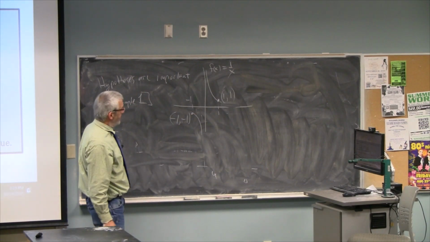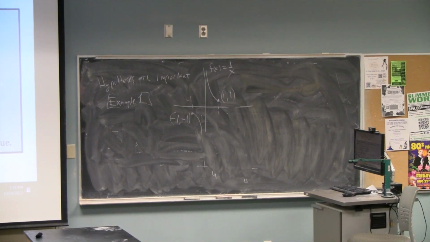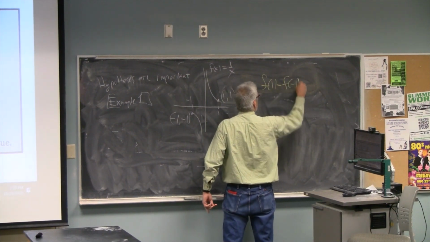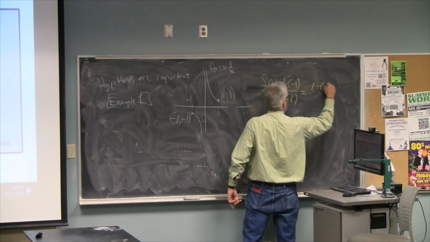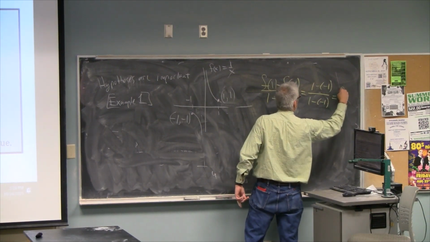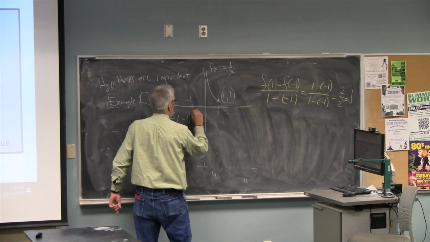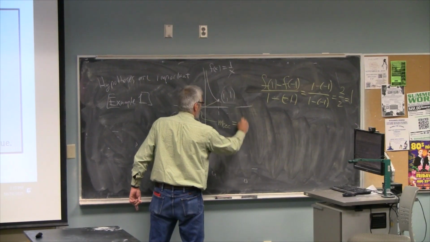Those are two points on this graph. So the quantity that you get when you do that change in y over change in x, f of 1 minus f of -1 over 1 minus -1, that would be 1 minus -1 divided by 1 minus -1. So that'd be 2 over 2, so that's just the number 1. This line has slope 1.